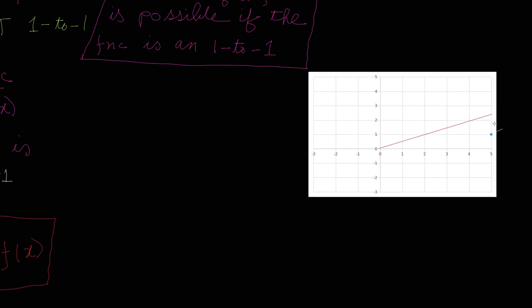So this is my one function, and I am going to draw another function. Let's use another color for that function. Of course, it's starting from here. Okay, so I drew two functions.